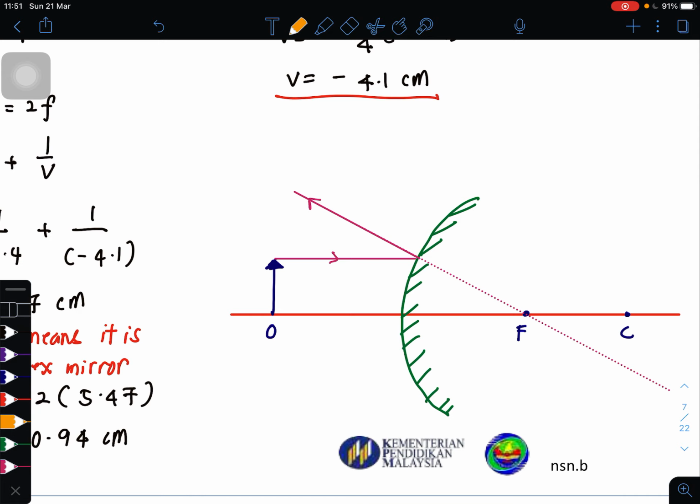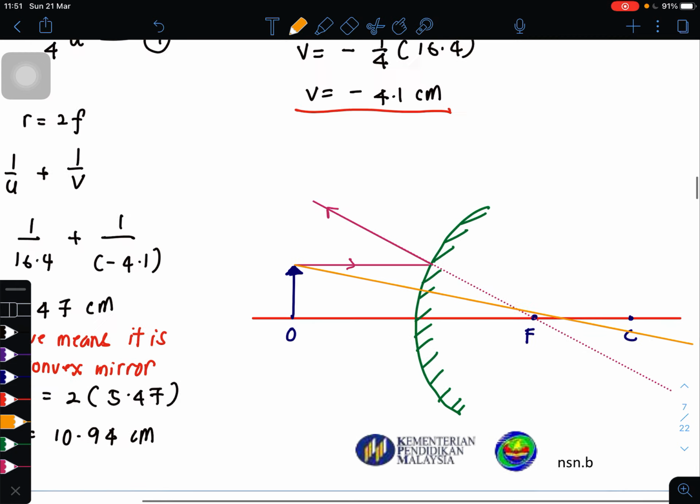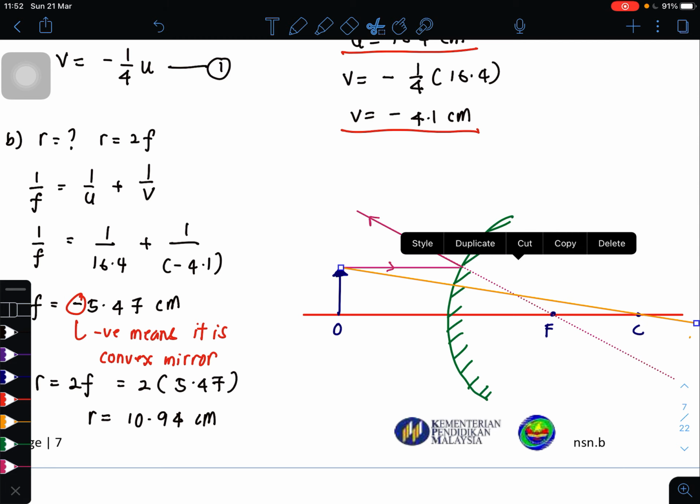And then next, we draw one line which passes through the center of curvature. So we draw one like this, and it must pass through the center of curvature. Something like that.